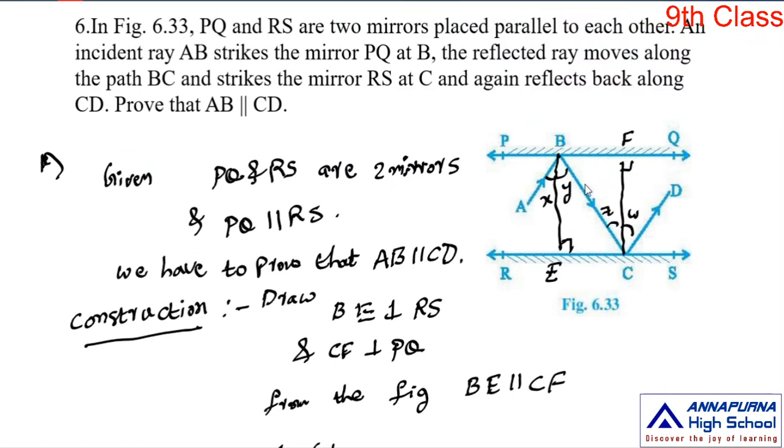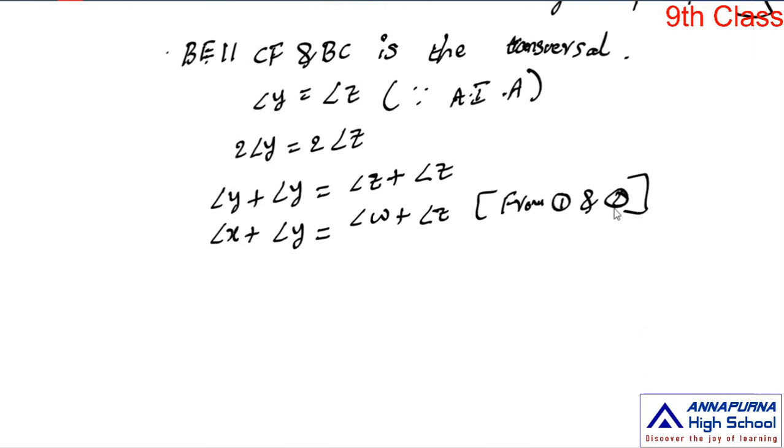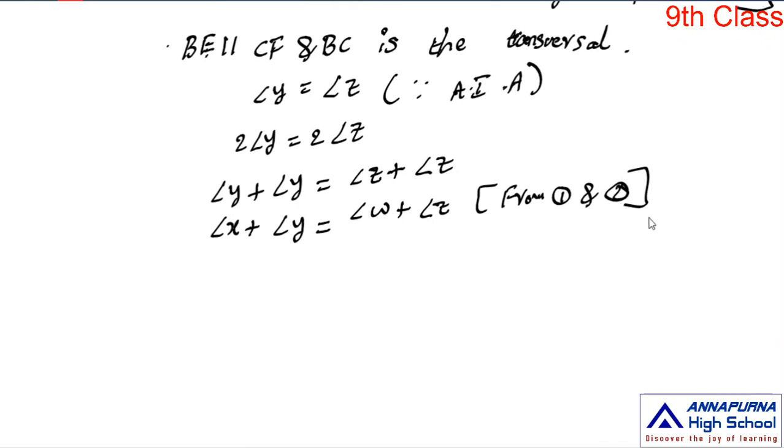Angle x plus angle y is equal to angle ABC and angle z plus angle w is equal to angle BCD. So angle ABC is equal to angle BCD. See the figure.